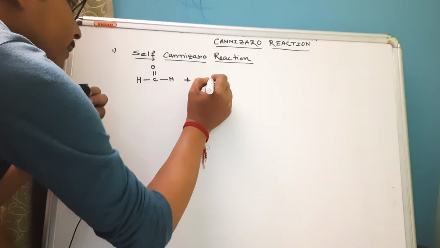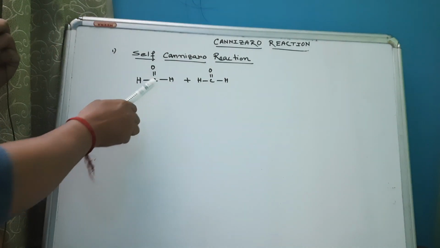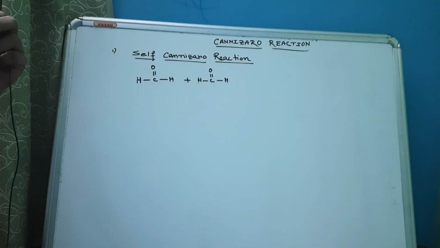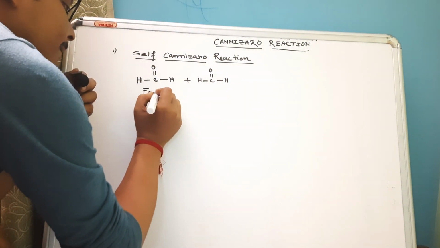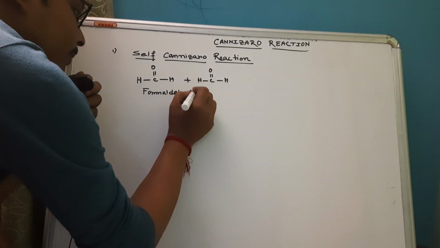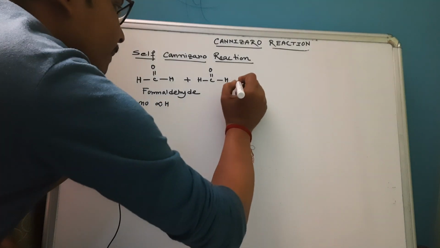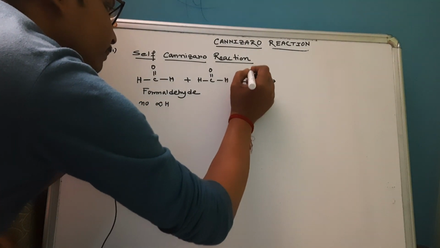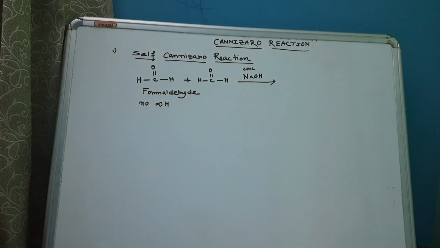Like this, the aldehyde is formaldehyde. The molecule has only one carbon atom, so there is no question of an alpha carbon or alpha hydrogen atom. So this is formaldehyde, no alpha hydrogen atoms, with concentrated sodium hydroxide.